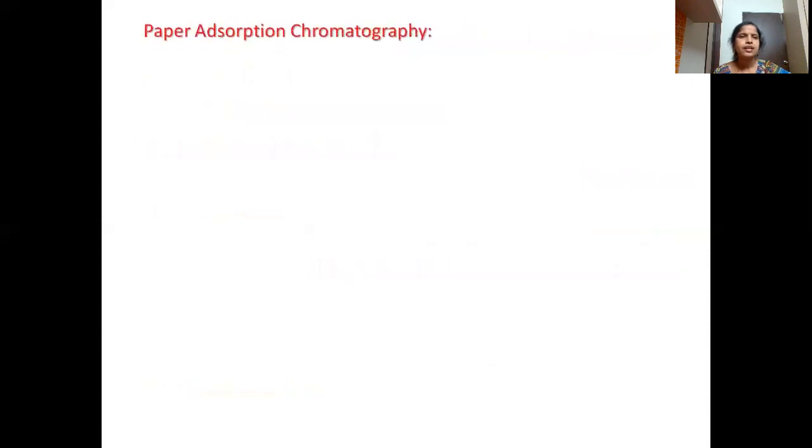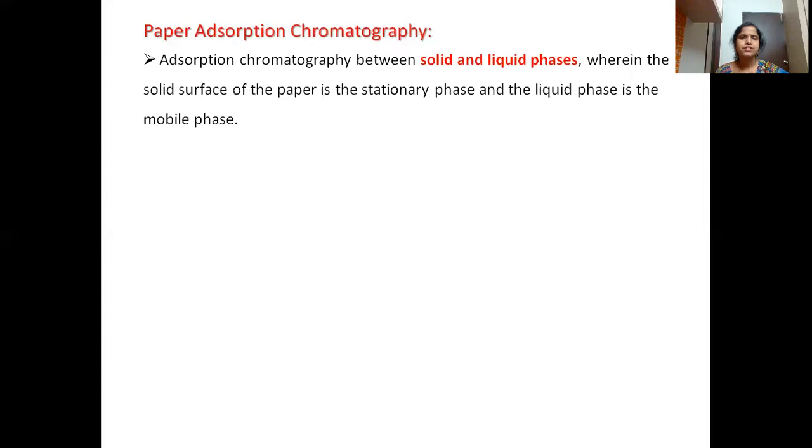Then we'll see the other principle, that is paper adsorption chromatography. Now in this paper adsorption chromatography, we again have a stationary phase and a mobile phase. The mobile phase is liquid only, but the stationary phase is solid. So adsorption chromatography is nothing but taking place between the solid and the liquid phase.